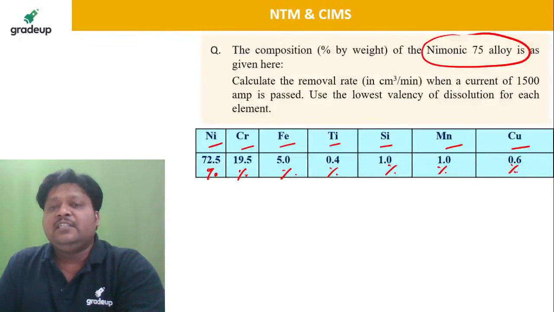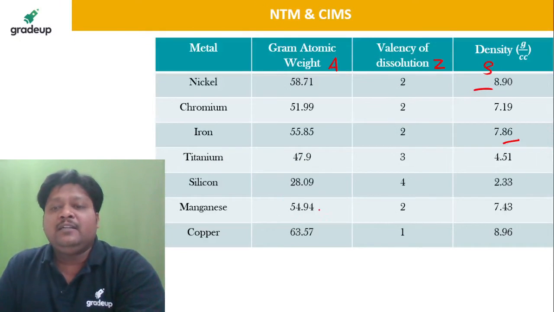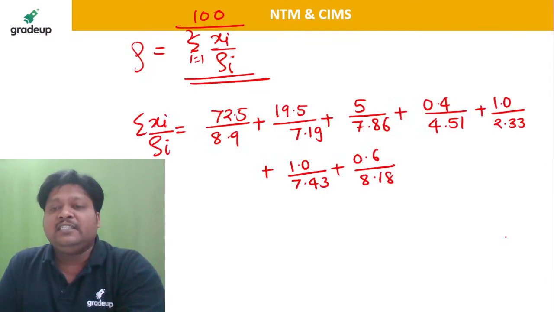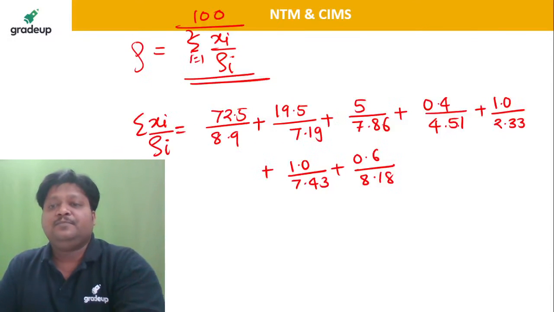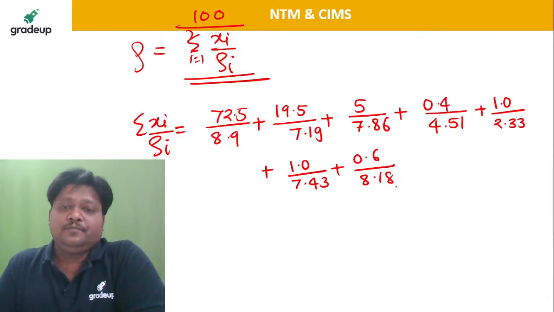For copper the weight percentage is 0.6 and the density is 8.96.